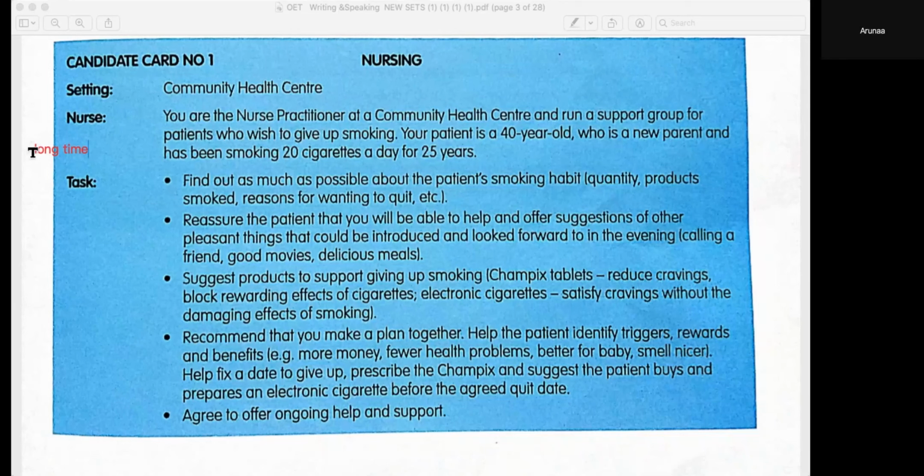You can also watch movies and cook and eat delicious meals in the evening. I think it will help you decrease the craving for smoking, right?